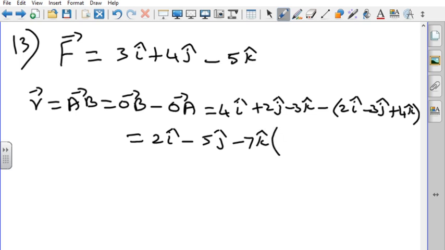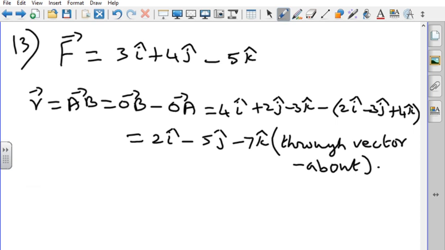Here remember always, as we saw in work done, displacement is to the point minus from the point, and here it is the through vector minus the about vector. So remember this. This is R vector, and F we have also written.